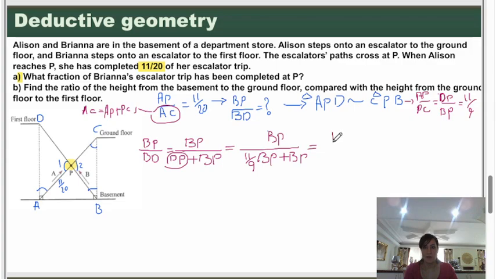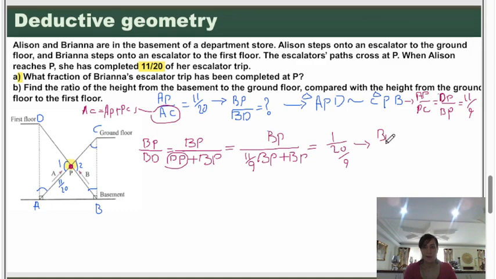So I have 1 over 11 over 9 plus 1, which gives me 9 over 20. So I find the fraction when Brianna reached P is 9 over 20 of the whole trip.